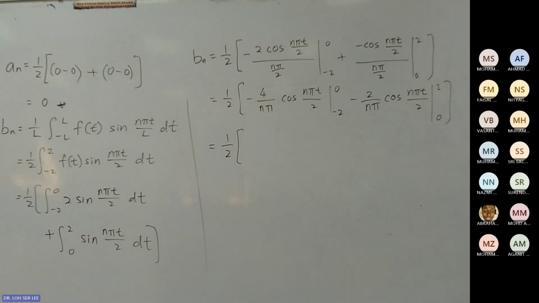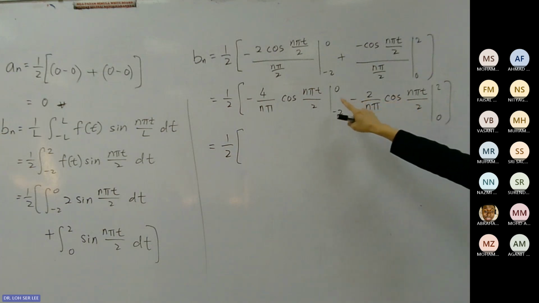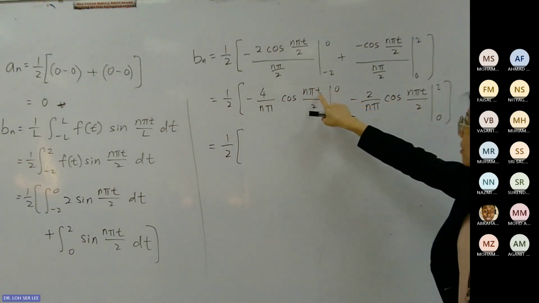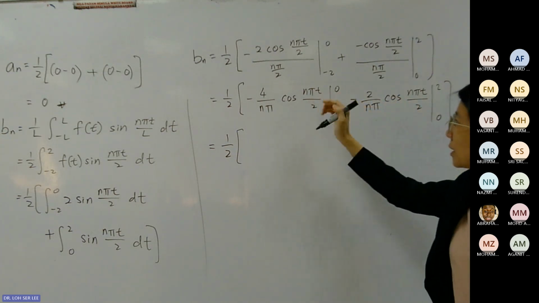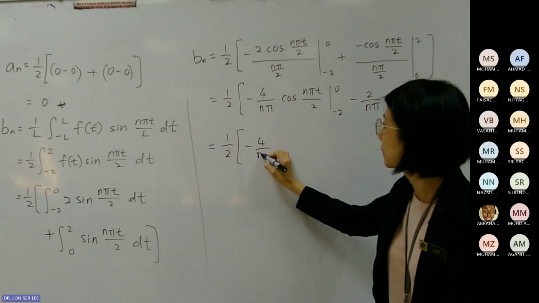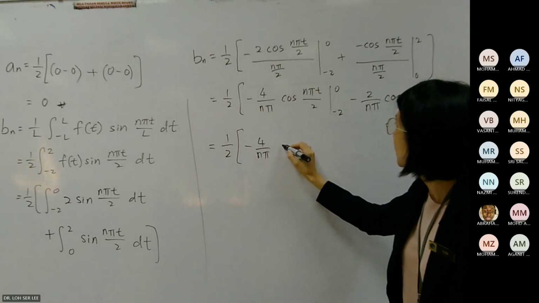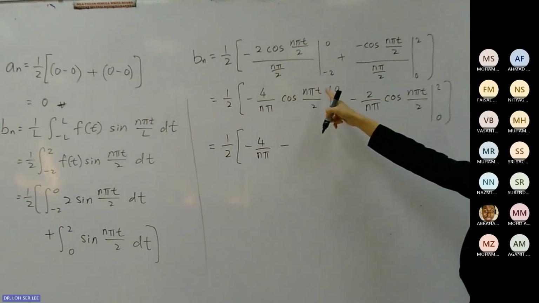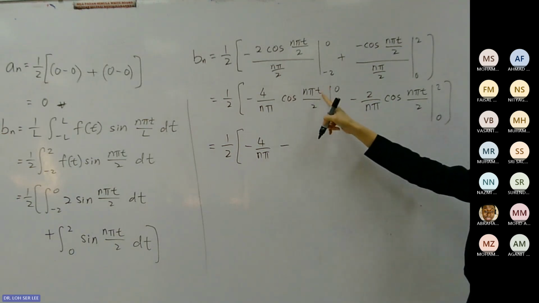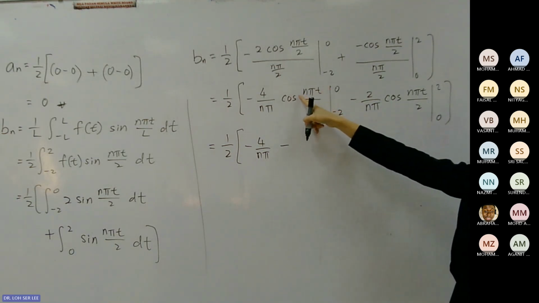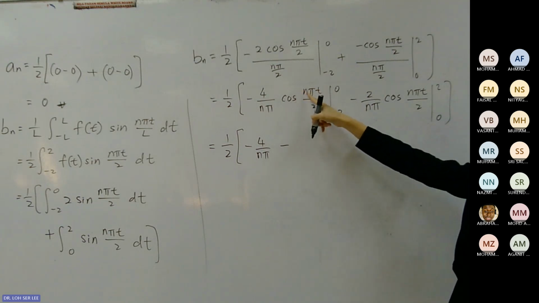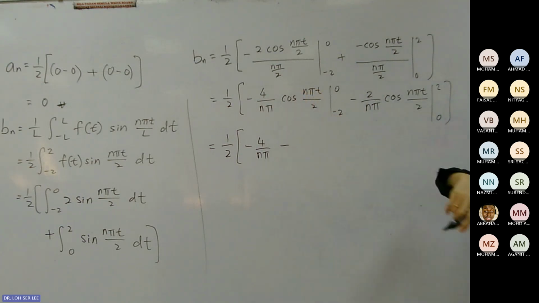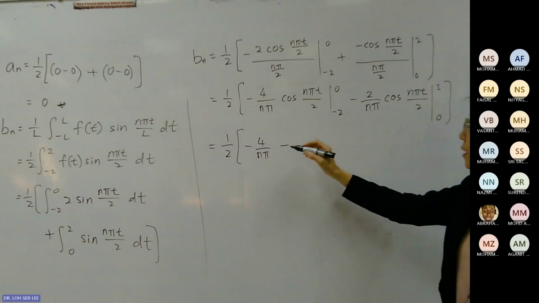Okay, and we look at the substitution of t values. 0 into this t, cos 0 is 1. Minus, okay, negative 2 into this, cancel out the 2. You still have a negative here, but the cos negative n pi is the same as the cos n pi.